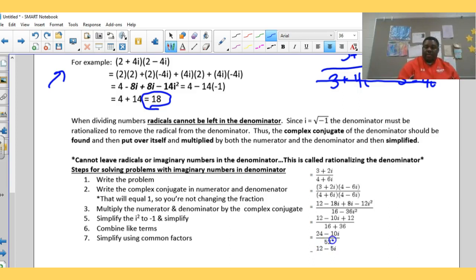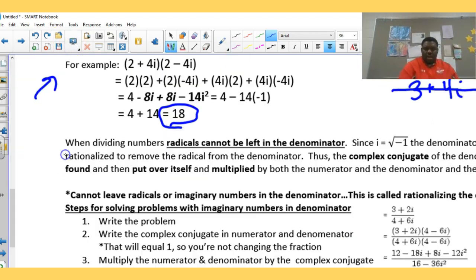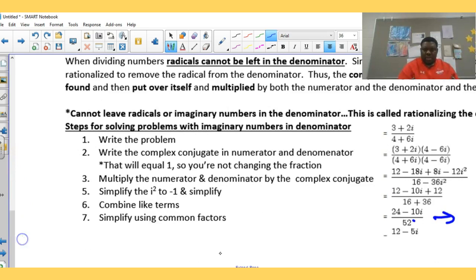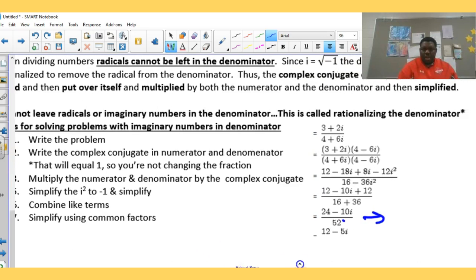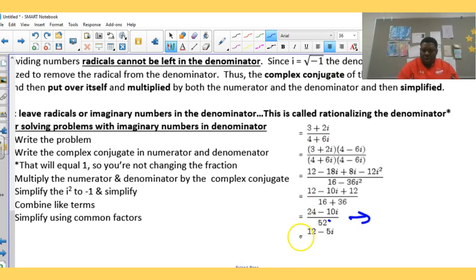The reason this simplifies, guys, is because, let me make it bigger so you can see. Right here, and oh, you know what I just noticed? The answer's cut off. This should be 12 minus 5i over 26. But here's what happened. If I factor, remember that word factor. See how that's positive, that's positive, that's positive.